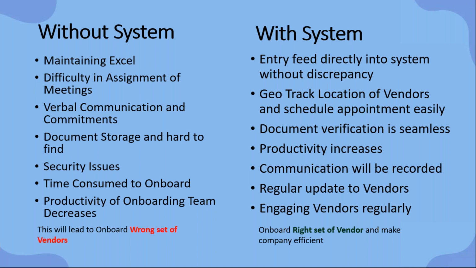And whatever communication they have done will be oral, which cannot be recorded in the system, right? So the verbal communication and commitments will be verbal, and of course the documentation will be there, but during the process, you don't know how the vendor is onboarded. Throughout the process, how the vendor feels about your process or their experience of that process, right? You cannot store that, you cannot find that, so it will be a very tedious task for you.